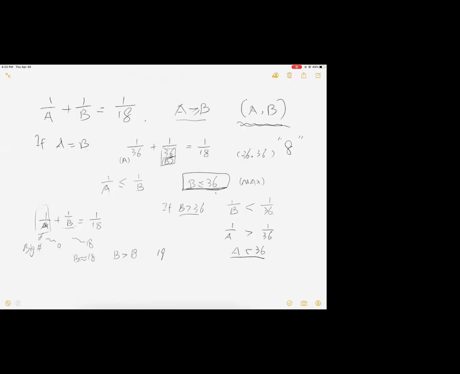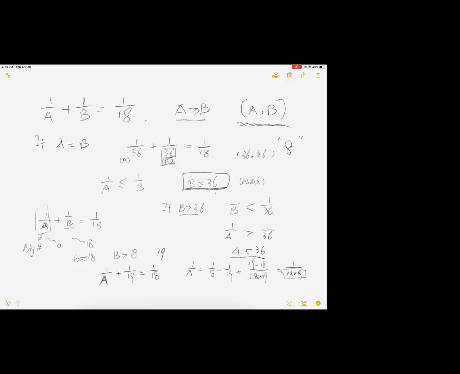Let's see if this works. 1/A plus 1/19 is 1/18. Then what is A? Can we find a whole number for A? Well, I think so. 1/A will equal 1/18 minus 1/19, which equals (19 minus 18) over 18 times 19, which is 1 over 18 times 19.